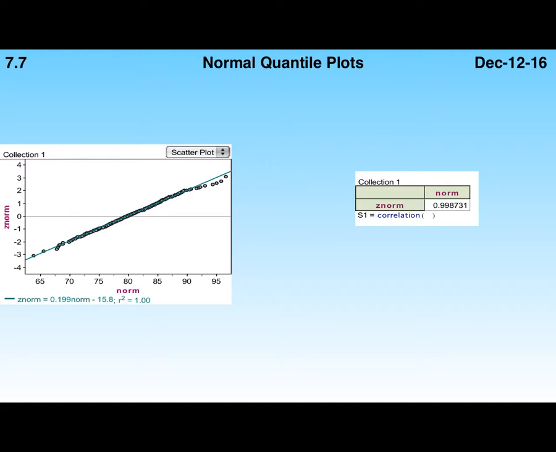The table will give you critical R values when the sample size is 10, 20, 30, and 40. Then you compare your R value to that critical R value. If your R value is smaller than the critical R value, that suggests non-normality. So you want your R value to be greater than the critical R value.